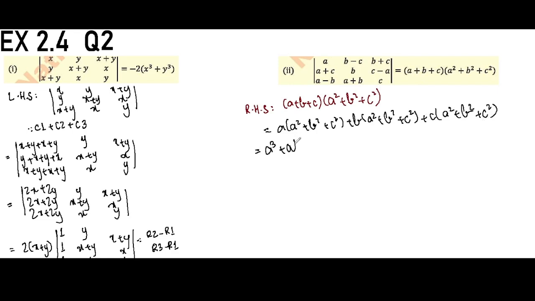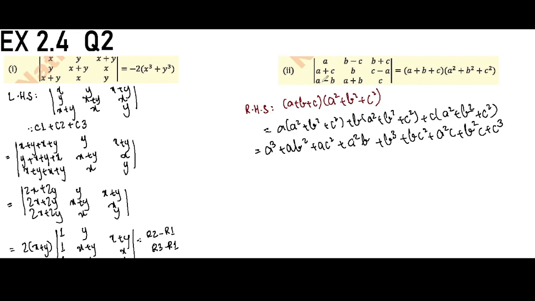A cube plus ab square plus ac square plus a square b plus b cube plus bc square plus a square c plus b square c plus c cube. So this is our right hand side.